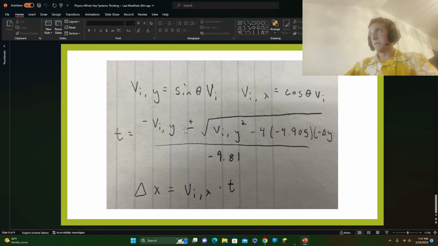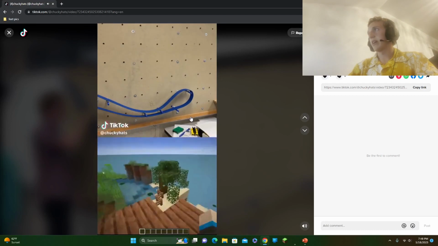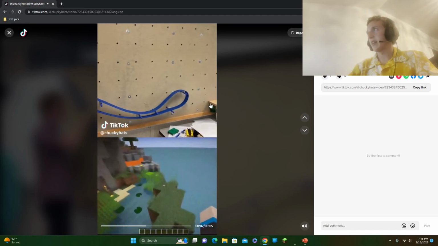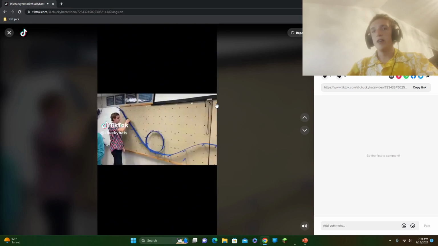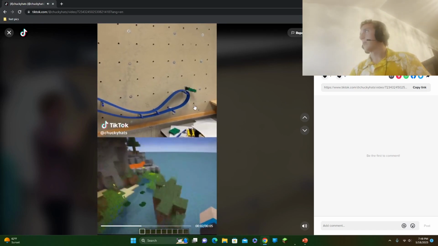You can apply the quadratic equation in this way to get how much time it'll take for the cart to leave the launcher and hit the ground. And then, because velocity in the x direction is just constant speed, you can multiply the x velocity times time to get delta x. In theory, if delta x is as big as it has to be, which is this large in that equation, it should be able to clear that gap.